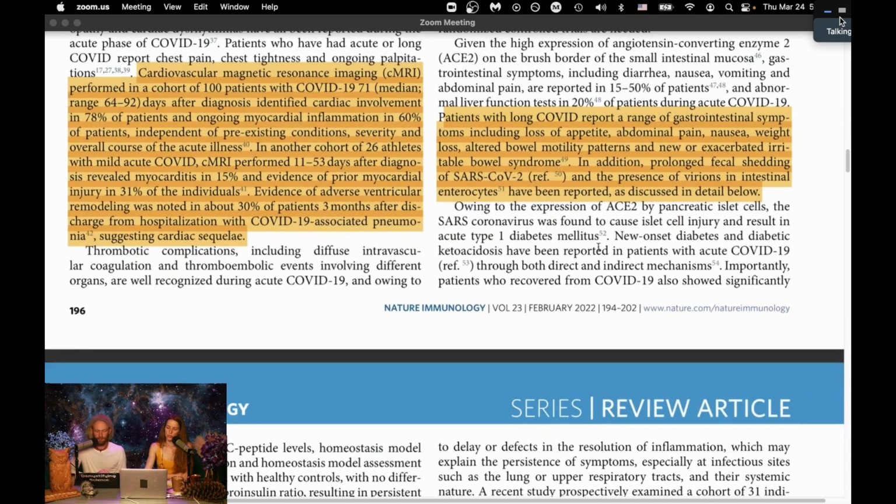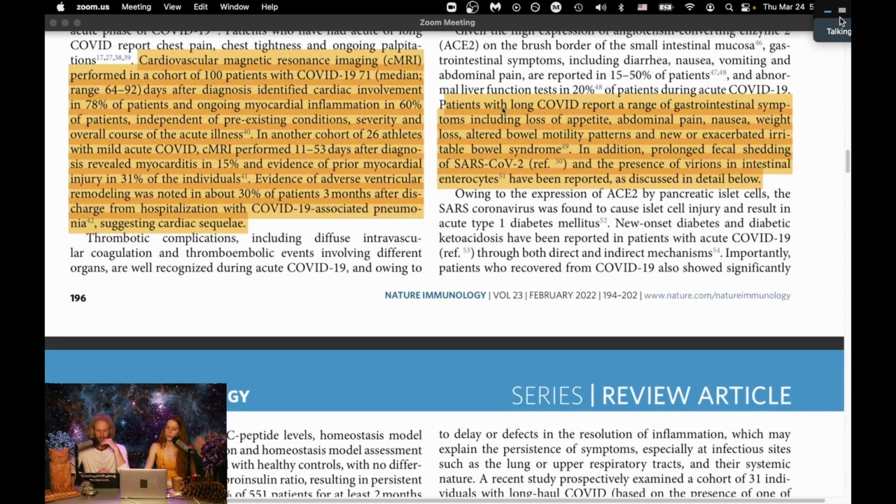So, we've got all of these gastrointestinal symptoms that we've talked about: loss of appetite, abdominal pain, nausea, weight loss, weird bowel patterns, irritable bowel syndrome. So there's a remodeling that's happening after being exposed to SARS-CoV-2.